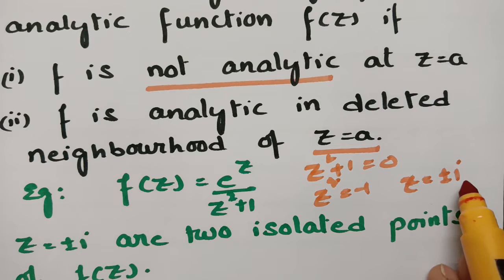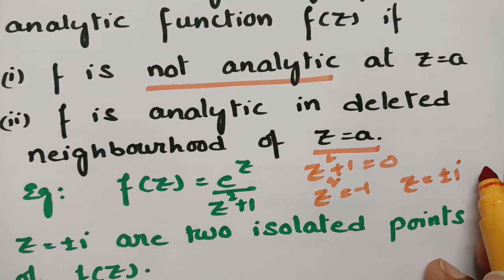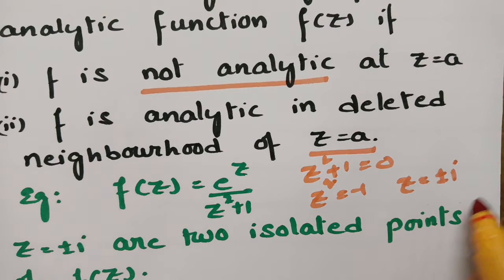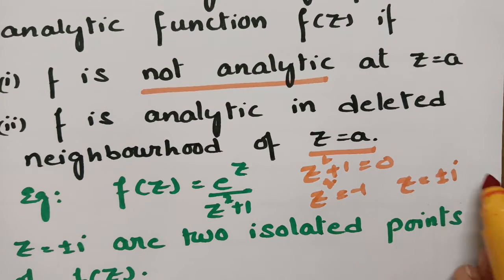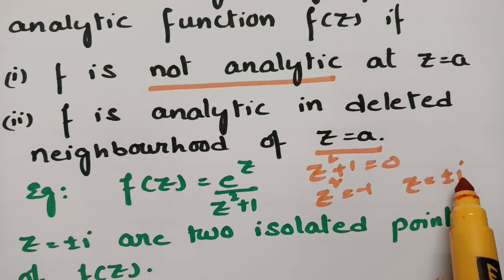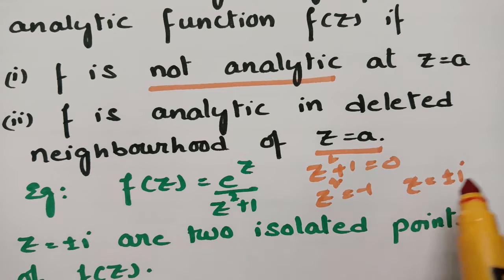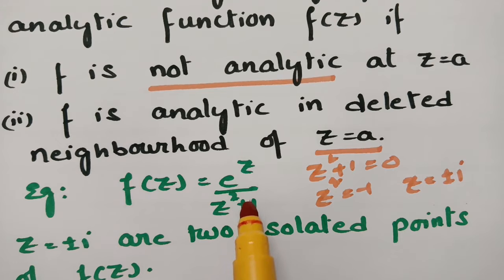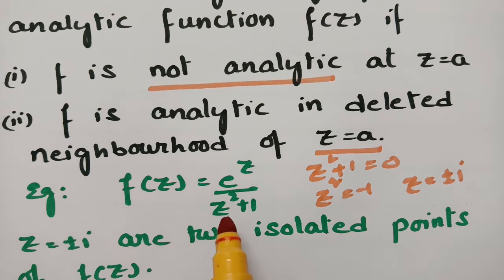In the deleted neighborhood, the neighboring point of i is 2i, and similarly minus i, minus 2i. These are all the deleted points, the neighboring points of i. For plus i, it is not defined, but for 2i, it is defined. If you put 2i, it is not going to be undefined, so it is going to be analytic.